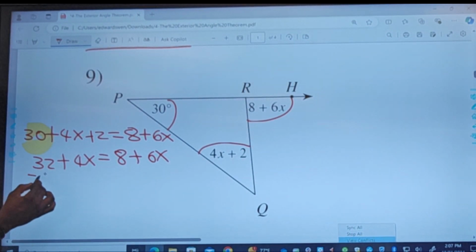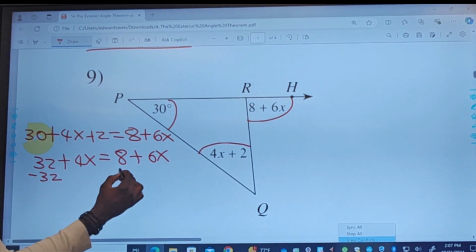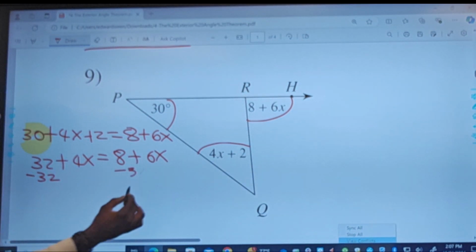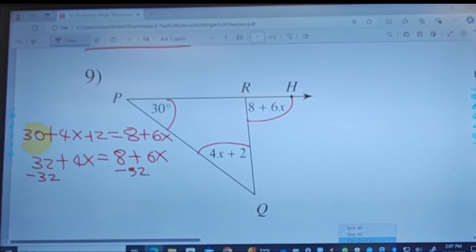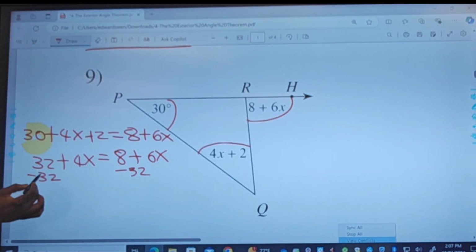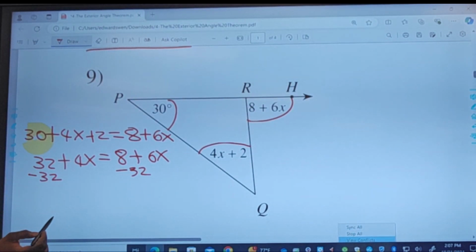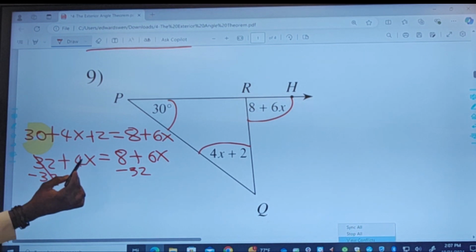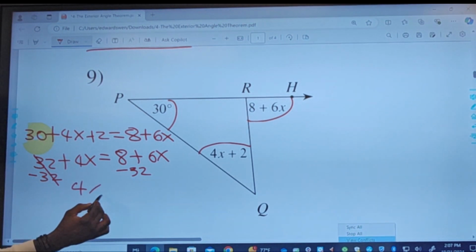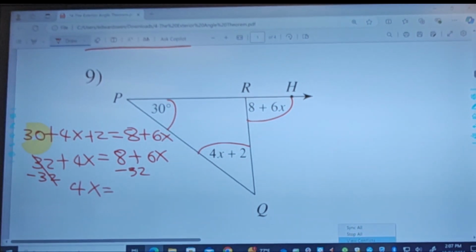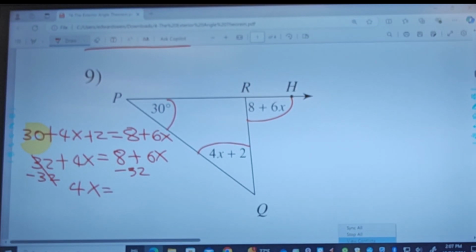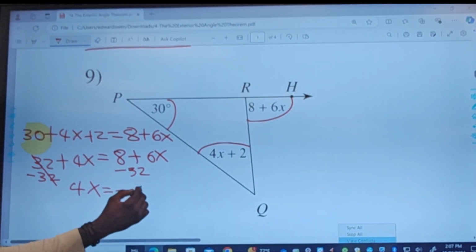So I'm going to subtract 32 from both sides to balance the equation. When we have 32, subtract 32, this is gone. So what we're left with here is 4x. 8 minus 32 is what? Negative 24, right?